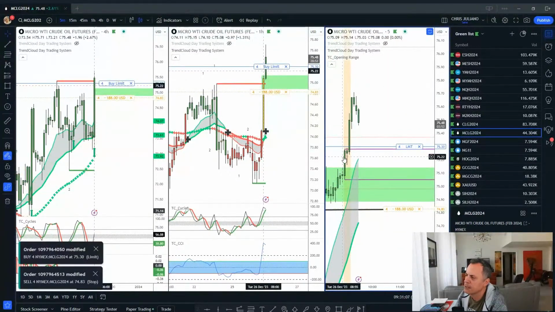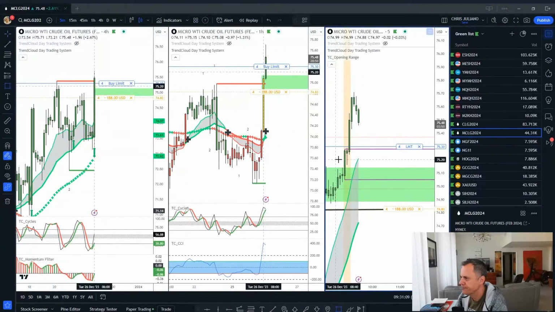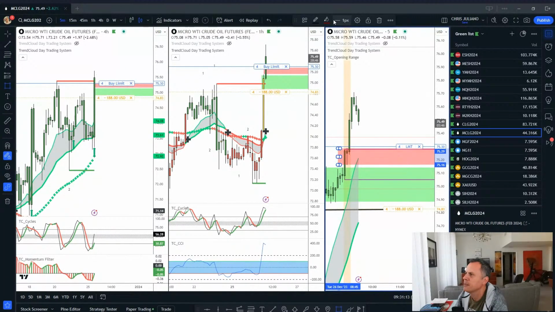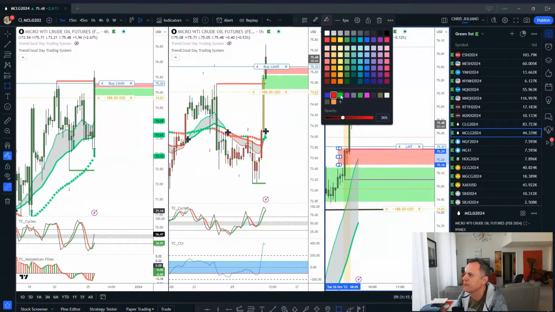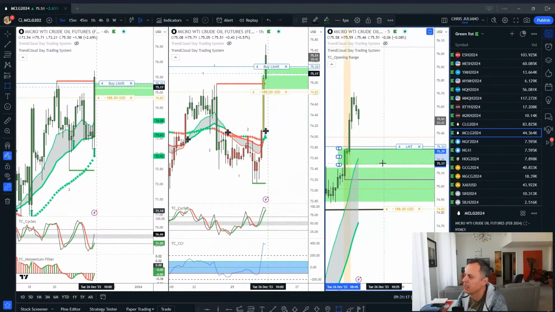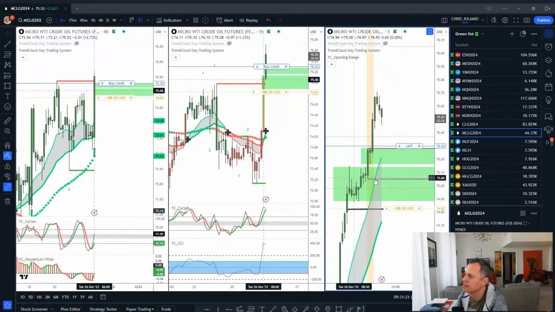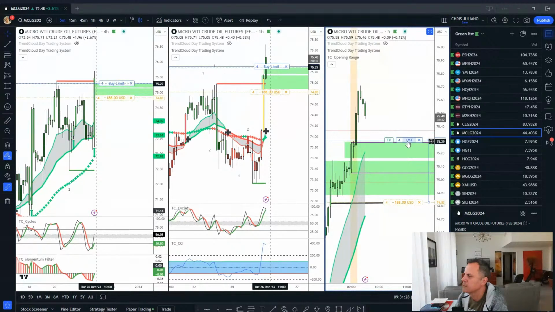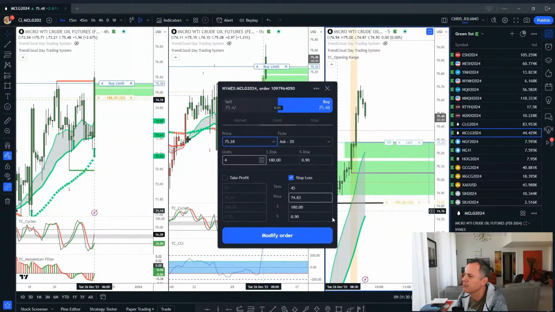Coming back. Is it going to hit the 5-minute opening range, or is it going to hit the 15-minute? Either one, we are right there.